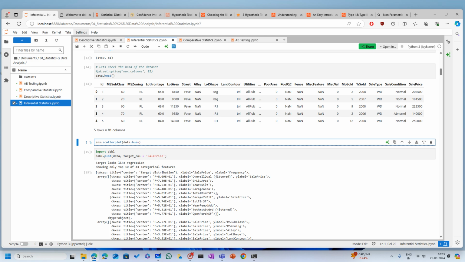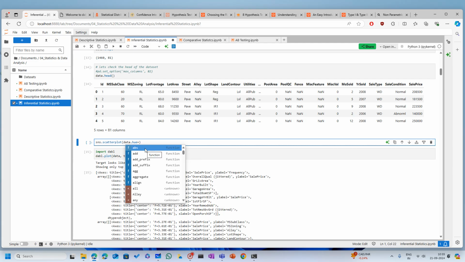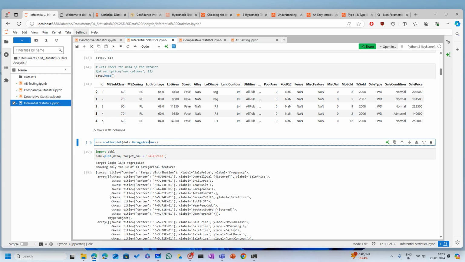Data dot ground area, and then data dot sale price, and then the hue value I can pass as data dot central air is what is selected.